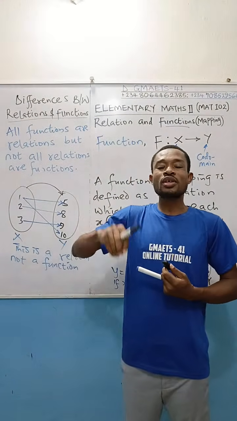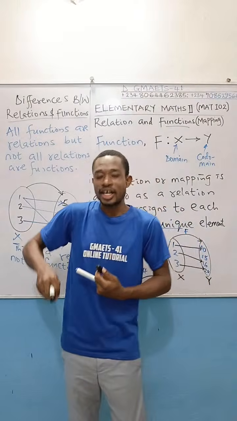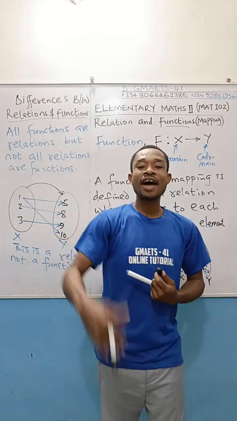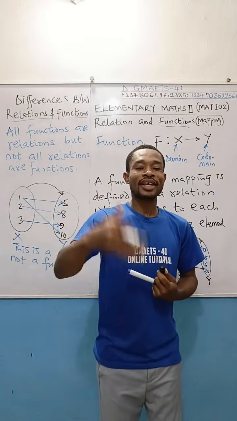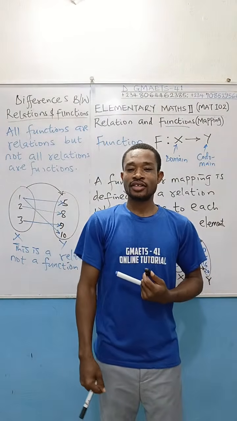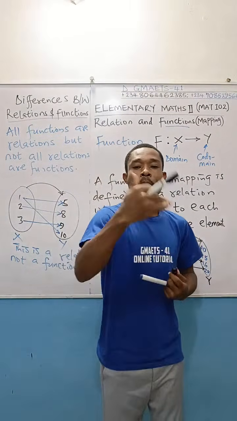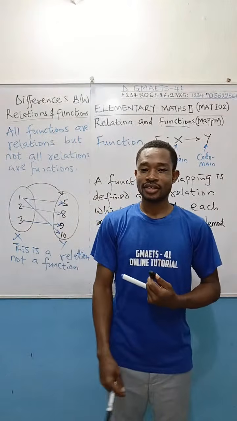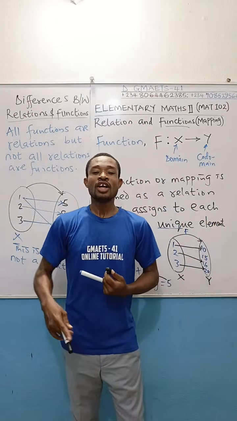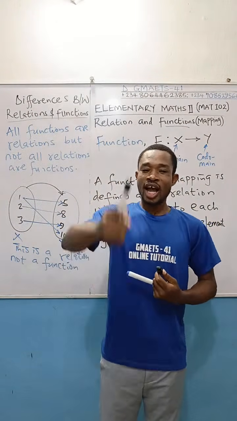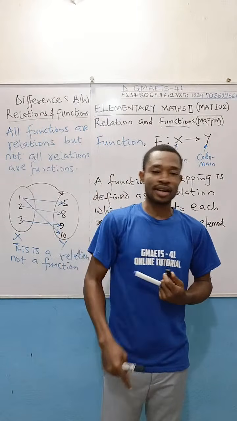So it is not possible in real life for a child to exist and have 2 or more biological fathers, or 2 or more biological mothers. A child can have only 1 biological mother and 1 biological father.